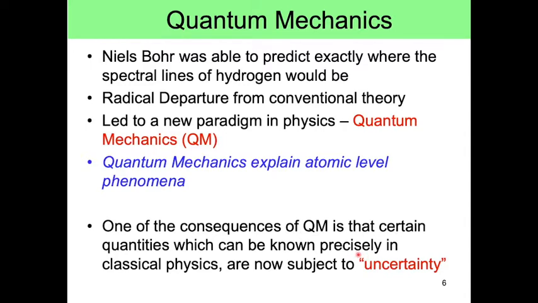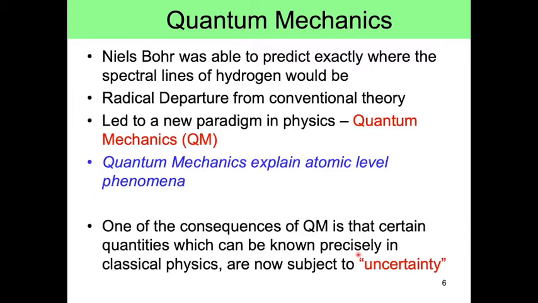It's not because the system is tiny, so you have some error in measurement. No, it's because it's mathematically proven that it's impossible to measure certain physical quantities at the same time, such as position and momentum, or energy and time.